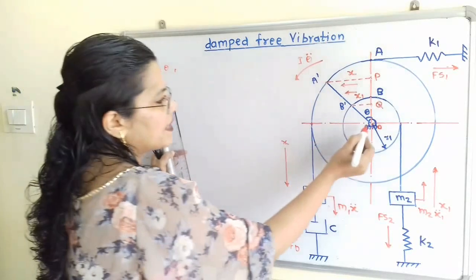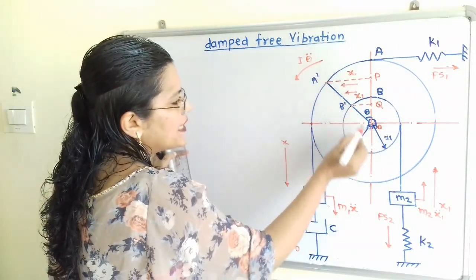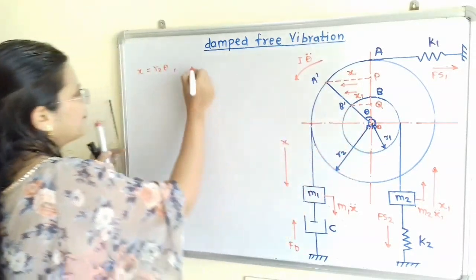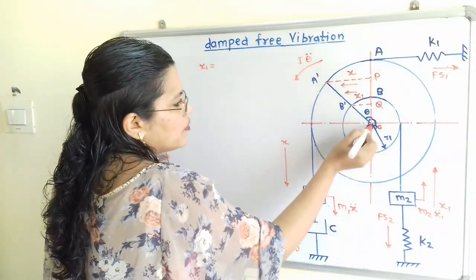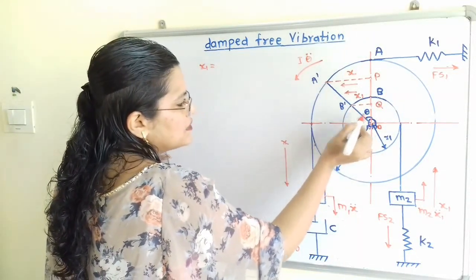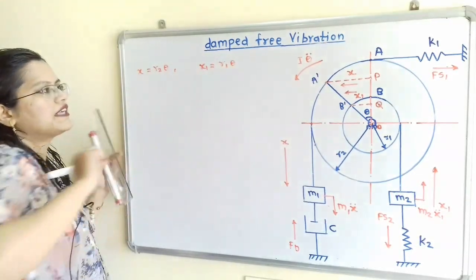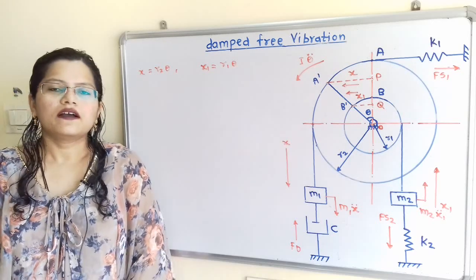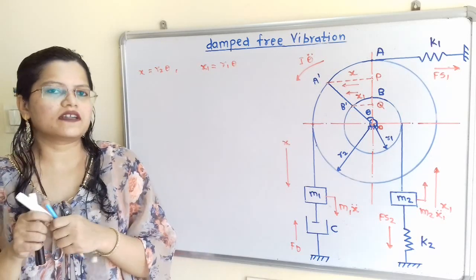Now in the same way, in the triangle OB'Q, here O to B' is R1. So we can say that x1 is equal to this O to B', that is R1 sin theta, but we can say R1 theta because theta is very small. Now we will understand how to decide the direction for this external couple.